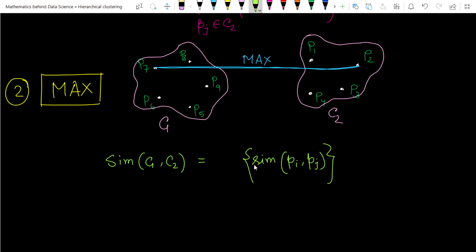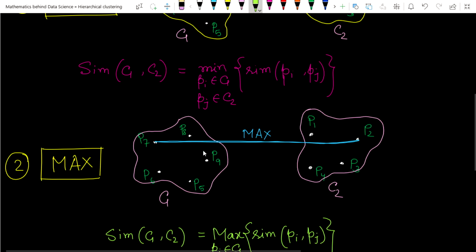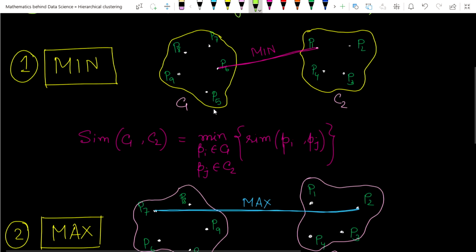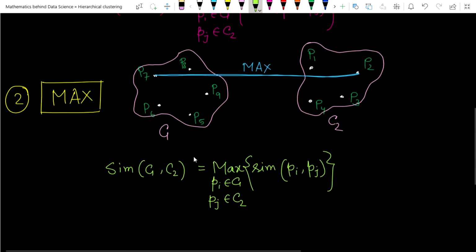Now in this set we have to take the maximum one, where Pi belongs to cluster 1 and Pj belongs to cluster 2. I think you got the idea. What is the difference between the mean concept and the max concept? Same thing, just instead of using the mean, here we will use the max.